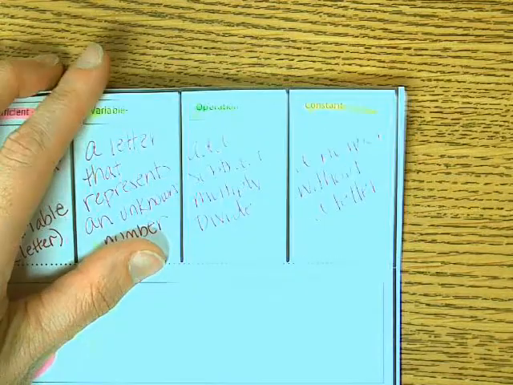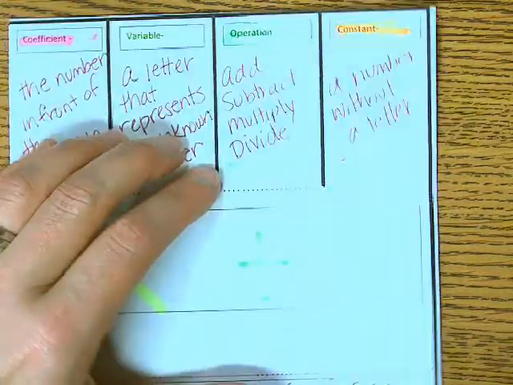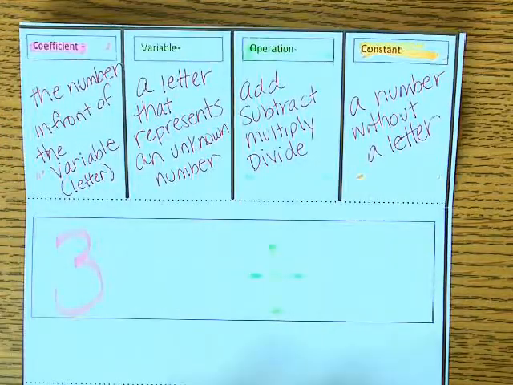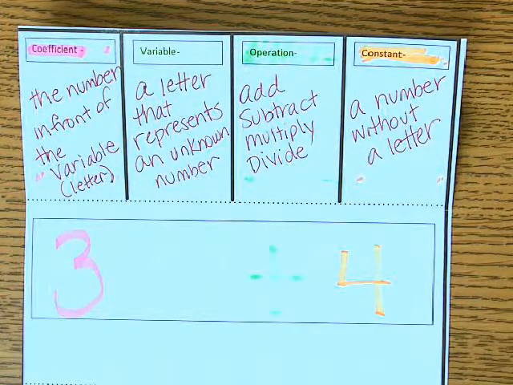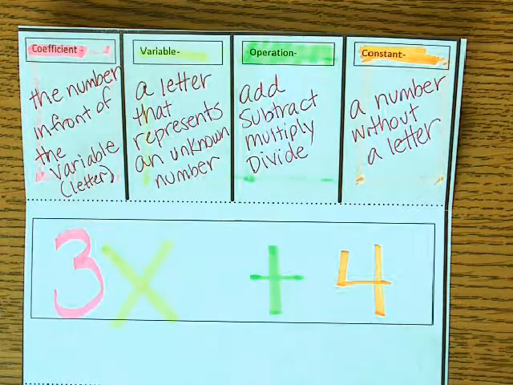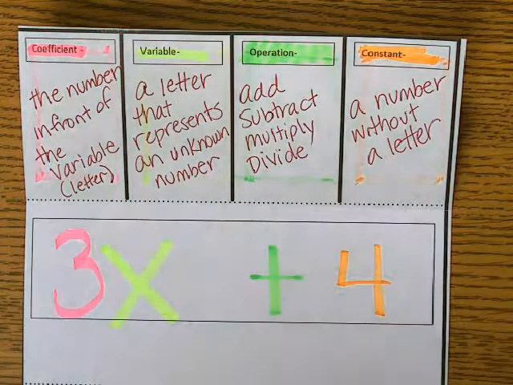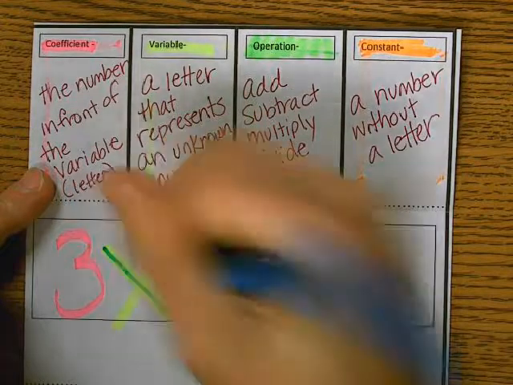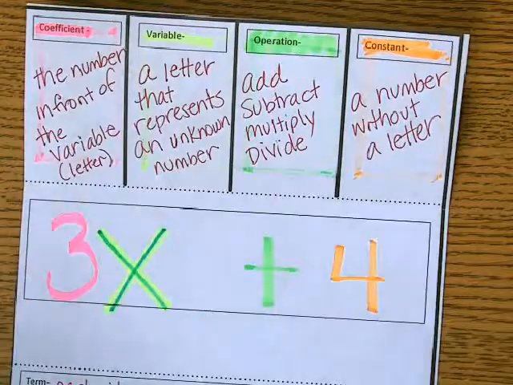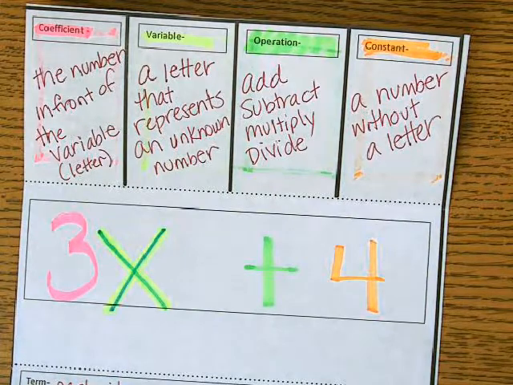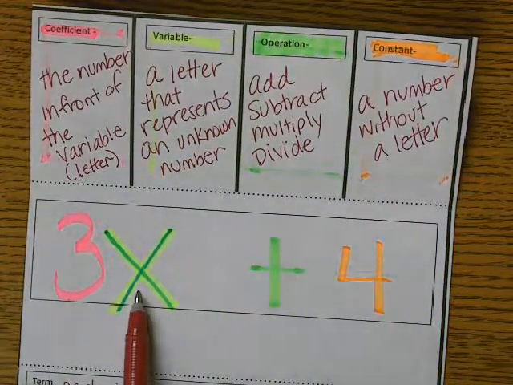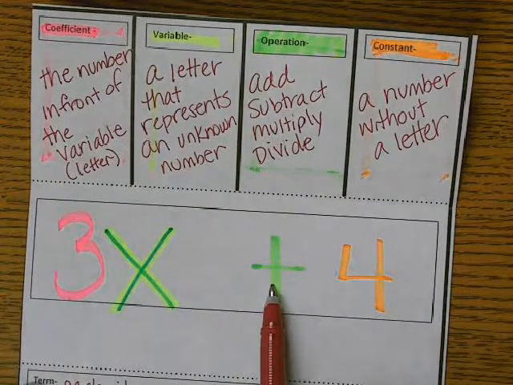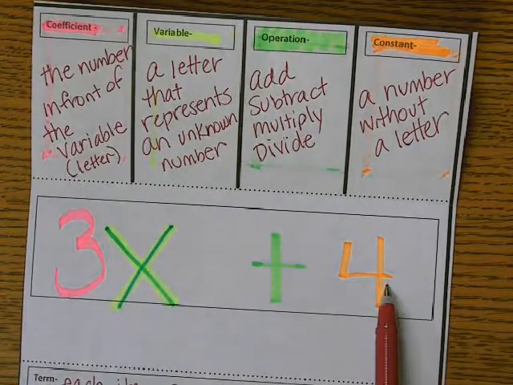So the constant on this problem is 4. And you can't really see the x here, so I'm going to make it blue. 3x plus 4. Okay, so the 3 is a coefficient, the x is a variable, the plus sign is an operation, and the constant is a 4.